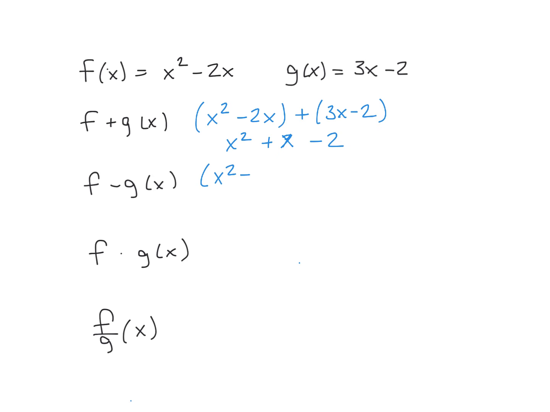Next one's subtraction. Make sure we're keeping these in the proper order. And as we've done before, we're going to add the opposite. When I combine like terms, I'd have x squared minus 5x plus 2.